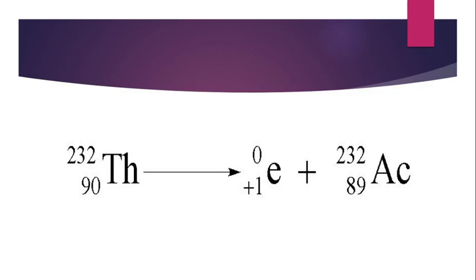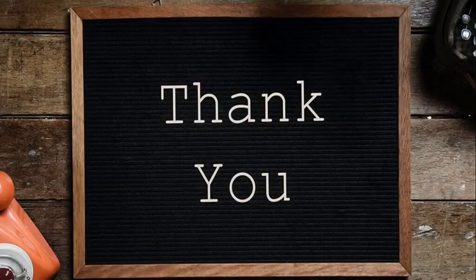So these are the different radioactive decay modes in which we had studied the alpha decay, in which the mass number reduces by 4 and atomic number by 2. In beta decay, the atomic number increases by 1 and the mass number remains the same. And in gamma decay, there is no change in atomic number as well as the mass number of the parent nuclei, so that the parent nuclei remains as itself.